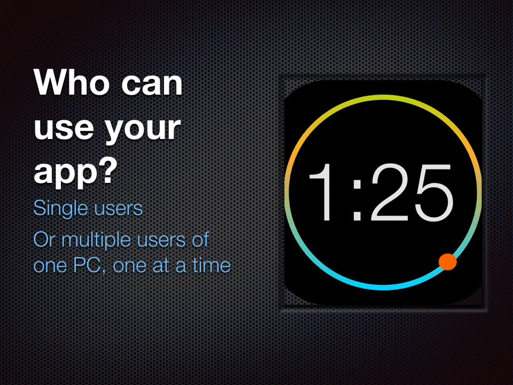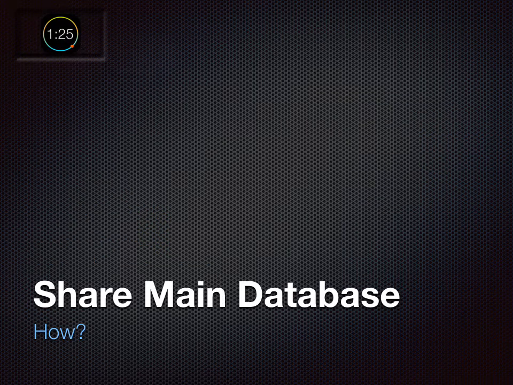So the question is, who can now use your application? Who's going to buy it from the App Store? Well, only single users, or maybe at best multiple users who share the one PC one at a time. So the question is, how do we get around this limitation?